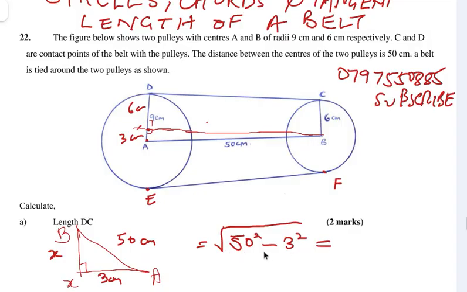Chukua calculator yako, 50 squared minus 3 squared, sawa, square root ya hiyo answer itanipa a number which is just nearer to 50, which is 49.91 centimeter. Fahimna? Sawa, mpaka hapo tumeelewana.